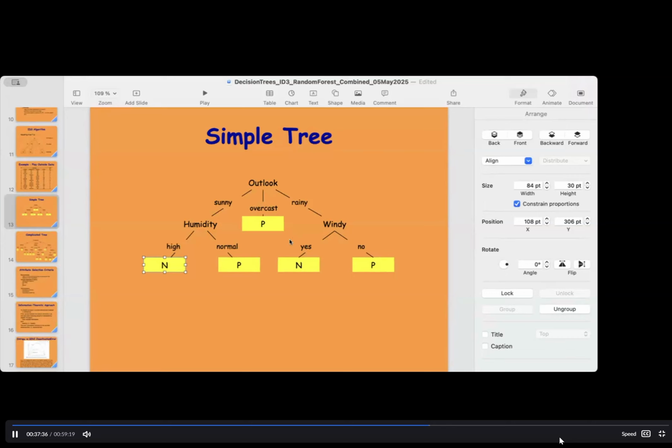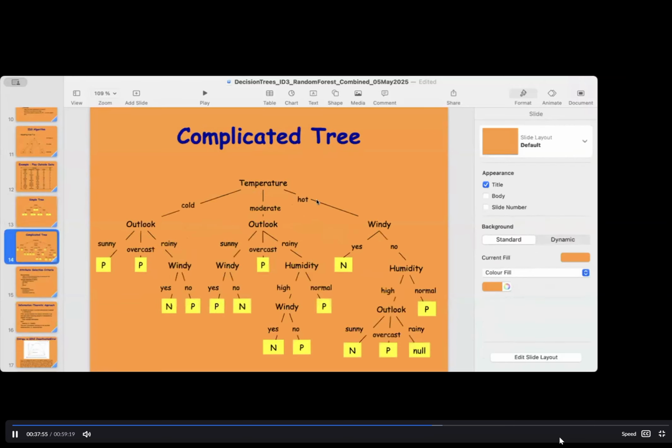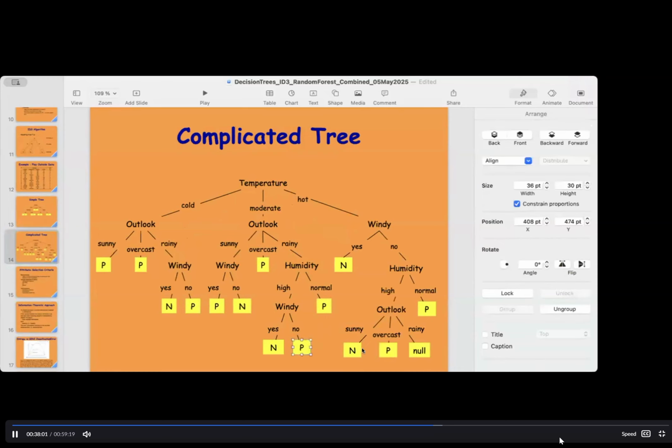Traversing and getting the answer is quicker and easier because we only have to ask 2 questions in order to get to the answer. This tree is of depth level 2. Only 2 questions and we're done. We get to the answer. The other one is depth 5. We could have to ask up to 5 questions before we get the answer.